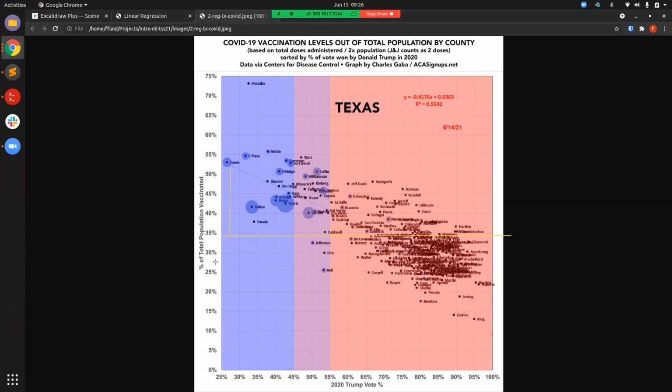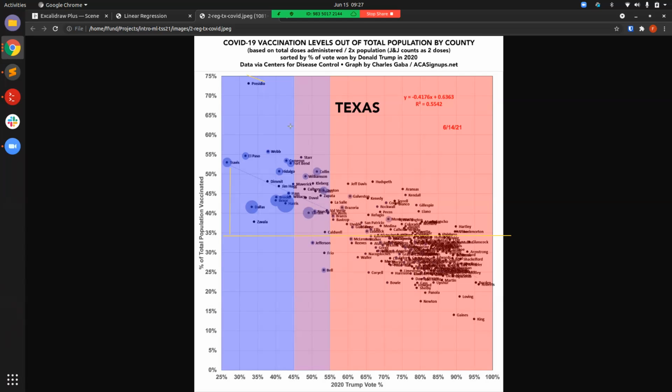So do you think you can predict everything about a county's vaccination levels just by looking at the county vote share in the presidential election? Okay, so there are probably other factors. Take Presidio County. Why does Presidio County have such high vaccination levels?